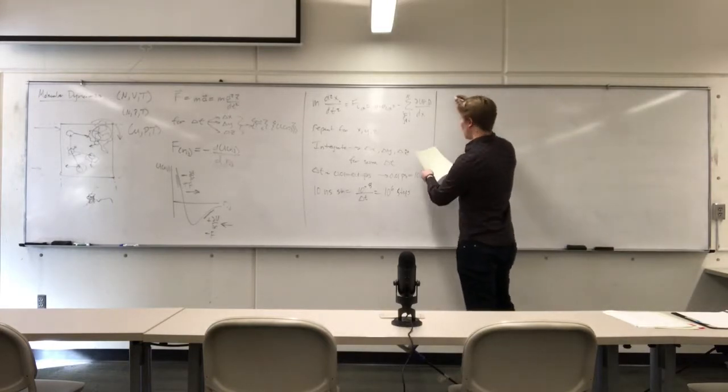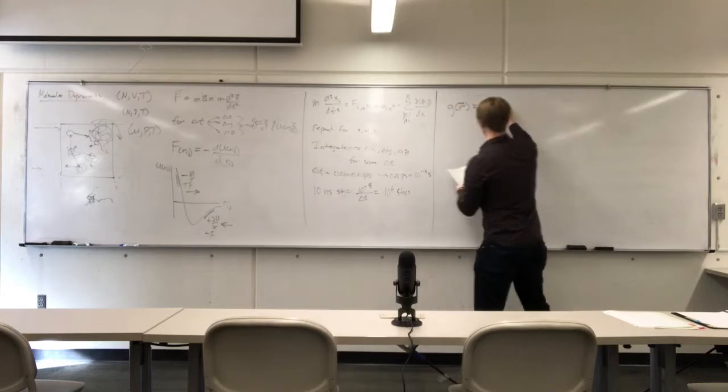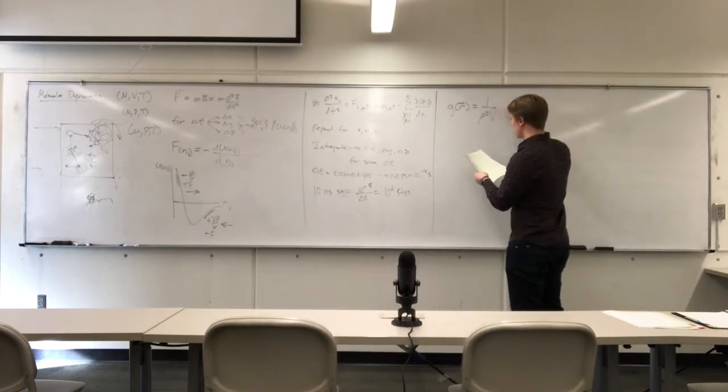So, what we're trying to get is the radial distribution function. Now, the mathematical definition for the radial distribution function with known atomic positions.